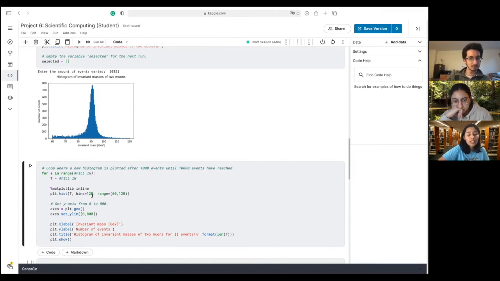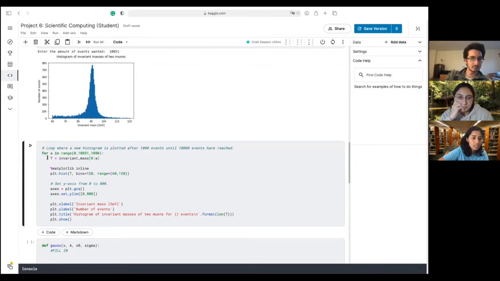Since we know that the total number of events is between 0 and 10851, A should be in the range of 0, and then the increments can be in 1,000. So this gives you the lower limit, upper limit, and the increment. And then T is equal to a variable name, from 0 to 8.